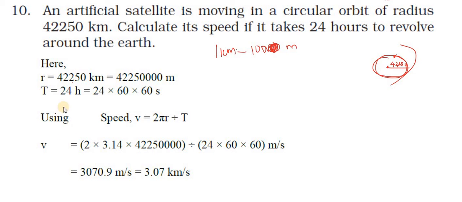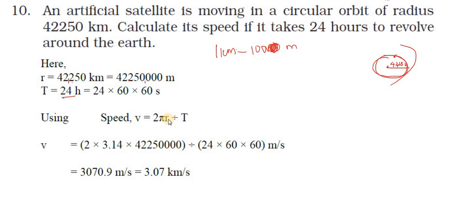So we convert this 42,250 kilometers into meters. Now the time is given in hours, so convert it to seconds. We know that 1 hour has 3600 seconds, or 60 into 60, so 24 into 60 into 60. Don't simplify that yet, because our simplification will become easy later.